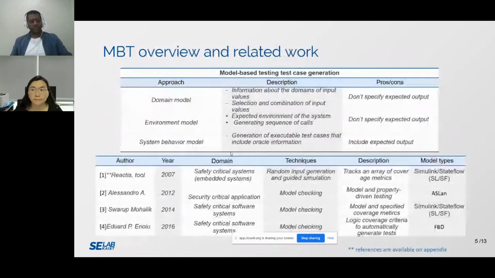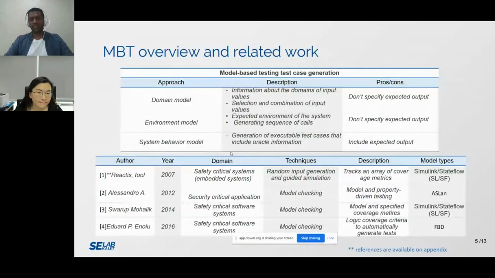With this, let me give a little information about the literature reviews that we have conducted, and two important points that we have observed from the literature reviews.